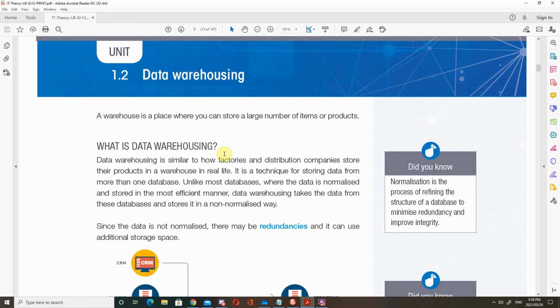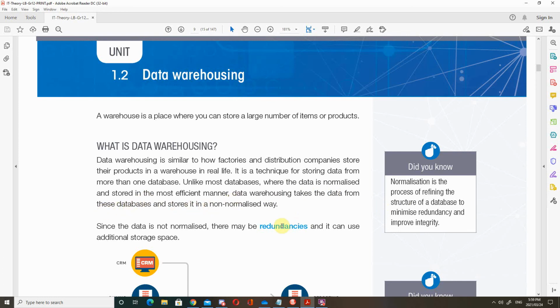Alright, so data warehouse. It's like a warehouse. A warehouse is a place where a large number of products is stored. So a data warehouse is a place where a large amount of databases are actually stored. So you'll see, unlike most databases where the data is normalized and stored in an efficient manner, a data warehouse takes the data from these databases and stores them in a non-normalized way.